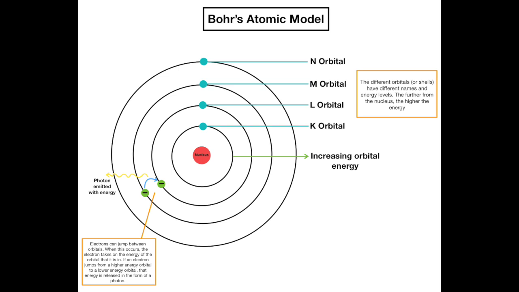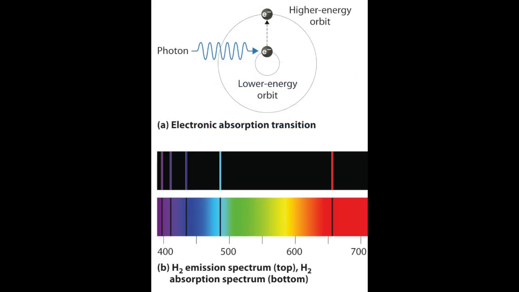And because these electron orbits were only at certain distances away from the nucleus, only certain amounts of energy could be emitted or absorbed at any given time, and therefore each element would emit light only at certain distinct frequencies. And this explained the unique atomic emission spectra of every element.